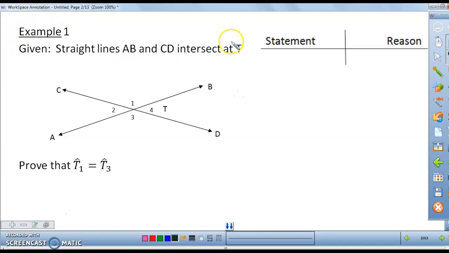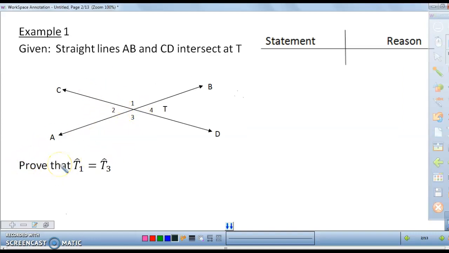In example 1, you are given this diagram and this information. They tell you it's straight lines AB and CD that intersect at T. So, straight line AB, straight line CD, they cross each other at point T. And what must you do with this diagram?